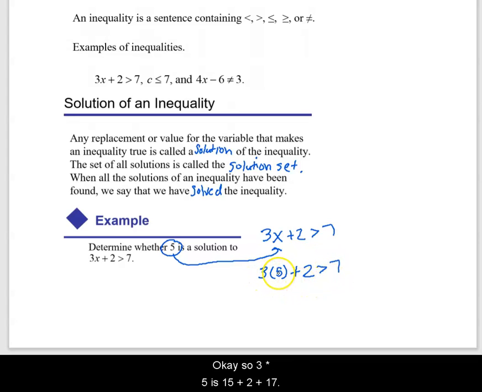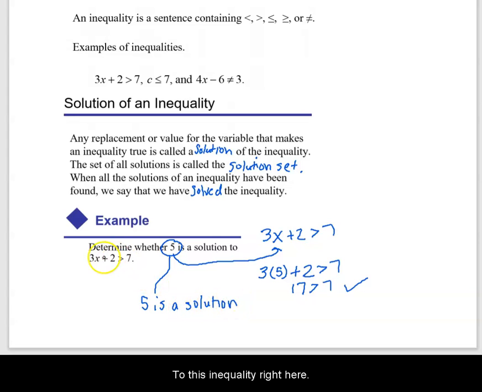So 3 times 5 is 15 plus 2 is 17. Okay, and then what you want to ask yourself is, is this true? Is 17 greater than 7? Well, yes, it's true. And because it's true, 5 is a solution to this inequality right here.